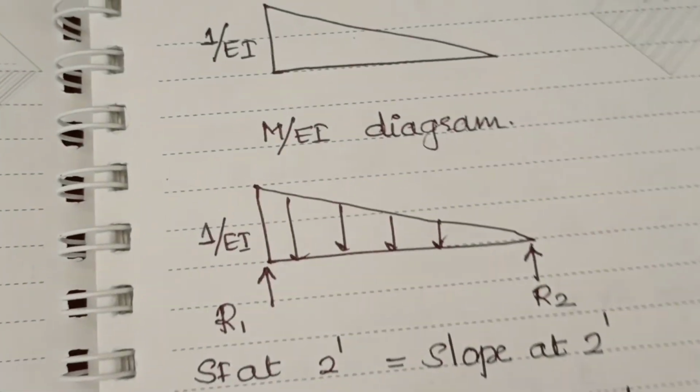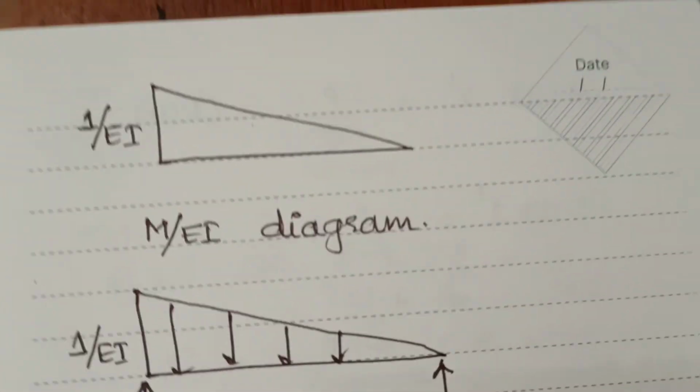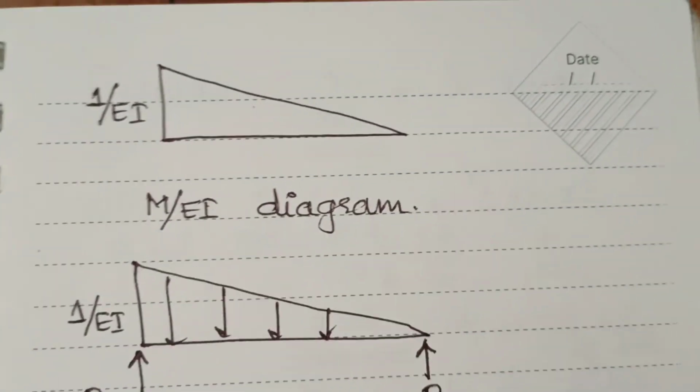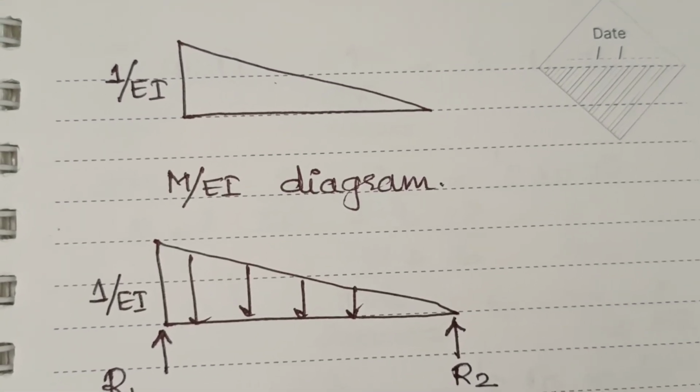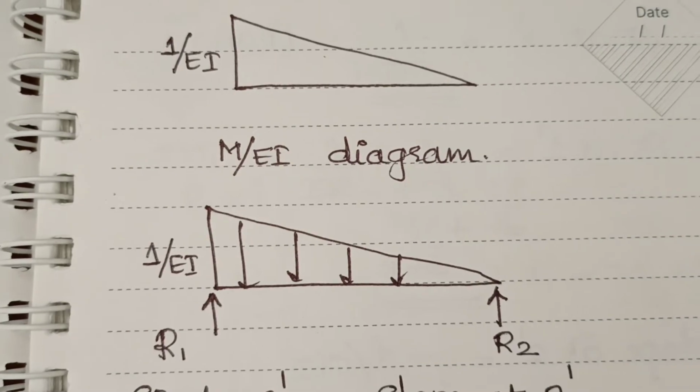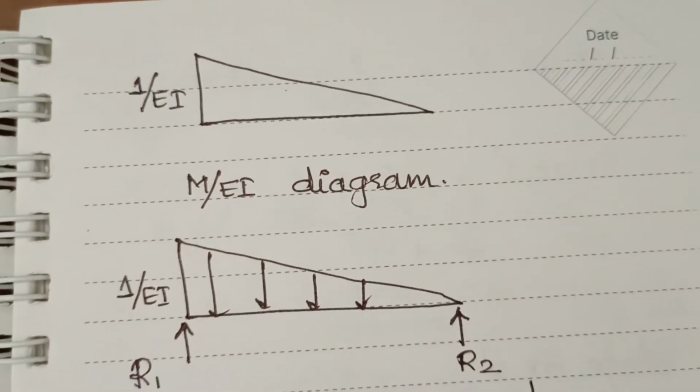Then, going to M by EI diagram, that is, for finding out the conjugate beam of the real beam.